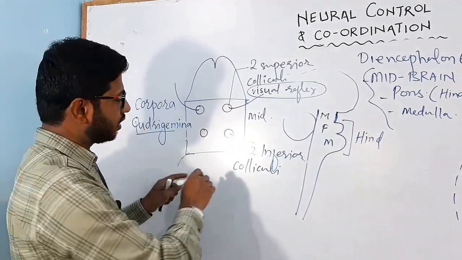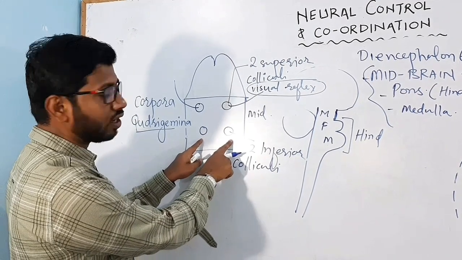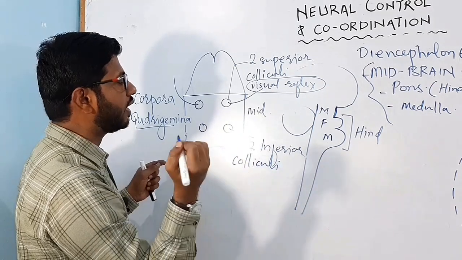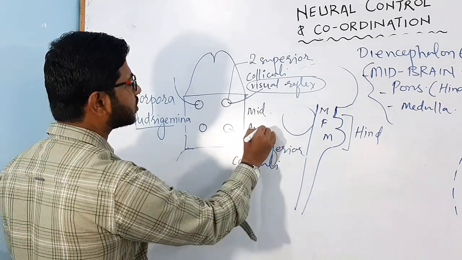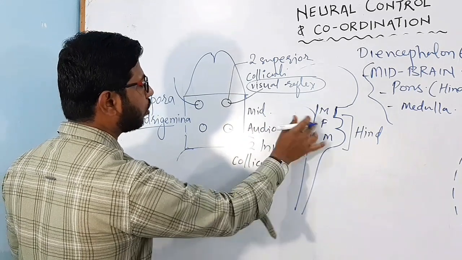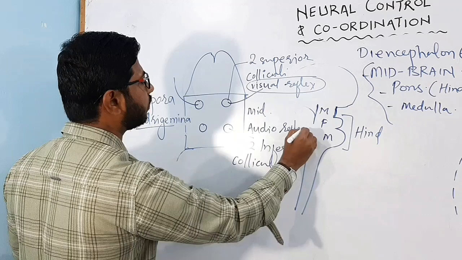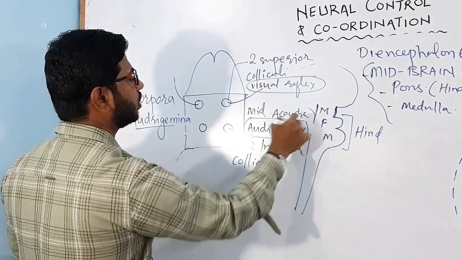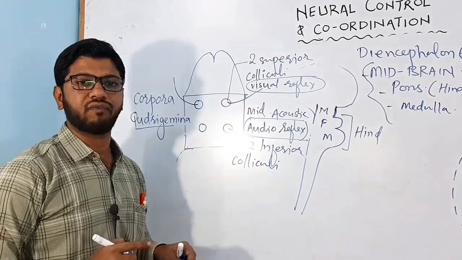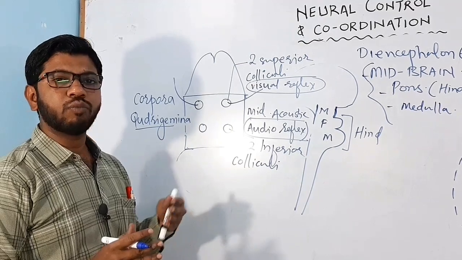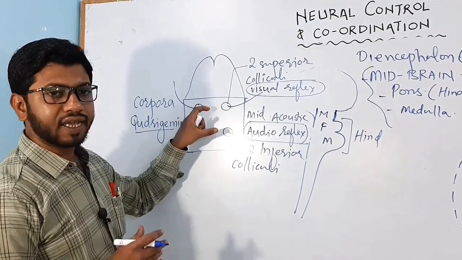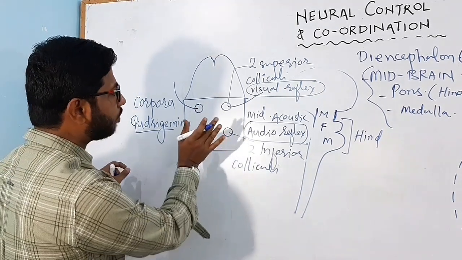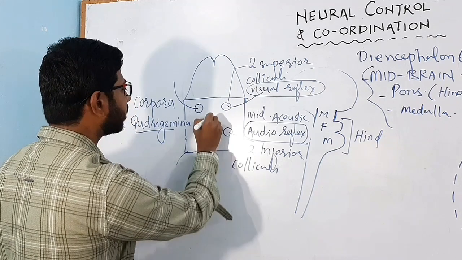Similarly, the lower two inferior colliculi are responsible for hearing input. Hearing input means audio input, or the audio reflex, which is also called the acoustic reflex. Then we move further from the posterior side. When we move deep inside the midbrain, at the deeper part, a tube is coming up.